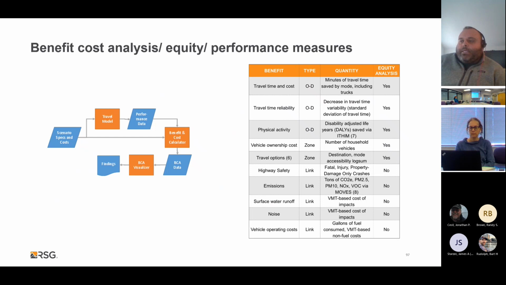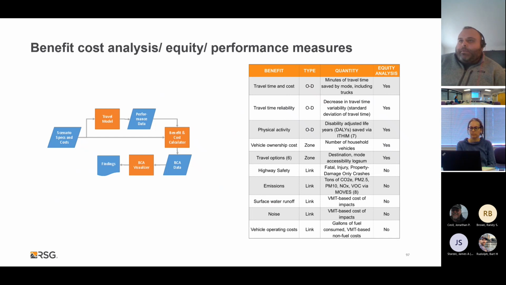We can calculate things like the impact of surface water runoff on projects, looking at VMT-based costs of impacts. We can look at the impact of noise in the area too, based off of VMT-based costs of impacts. We can look at things like vehicle operating costs, like the gallons of fuel consumed, or VMT-based non-fuel costs.